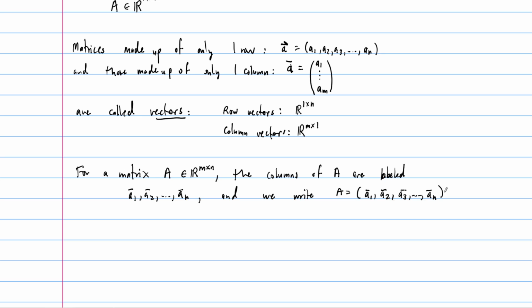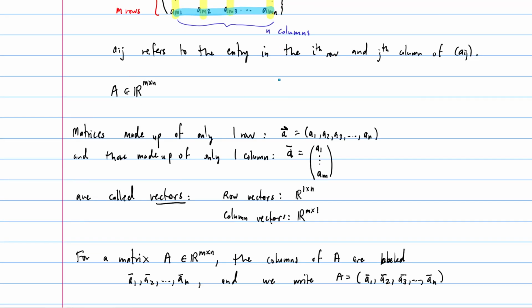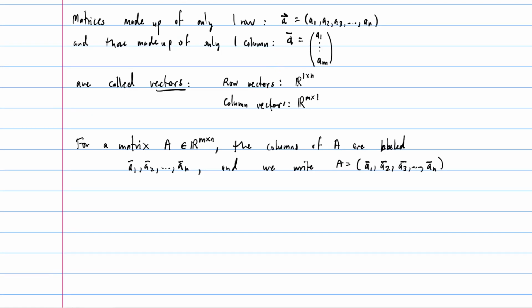If we can do that, then we can also take the other perspective: we can think of the rows of A as the vectors, and we can think of A as a column of its row vectors as well. That's another option. So let me highlight this by the color that we just used.